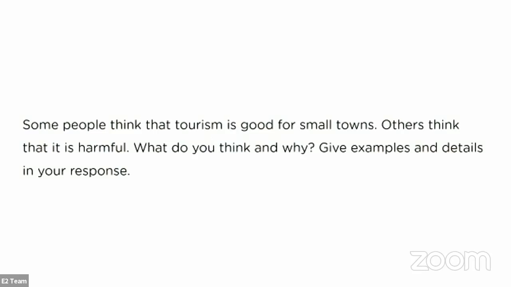Task 2, opinion. Some people think that tourism is good for small towns. Others think that it is harmful. What do you think and why? Give examples and details in your response.